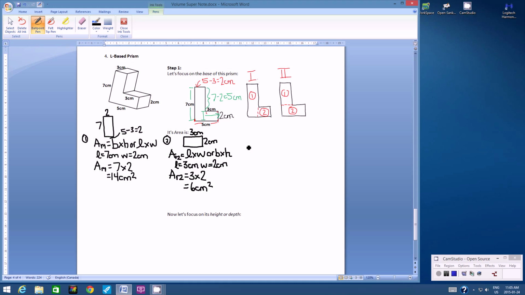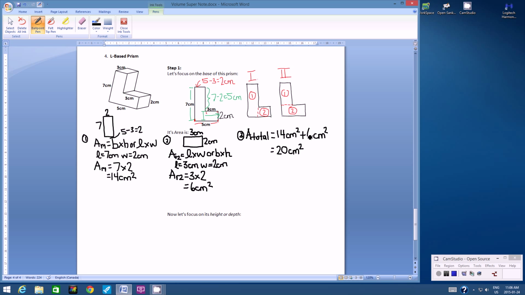So now what do we have to do? Well, we have a third step here, and we'll call it area total. So area total is the area of rectangle 1, which is 14 centimeters squared, plus 6 centimeters squared, which is the area of rectangle 2. 14 plus 6 equals 20 centimeters squared.